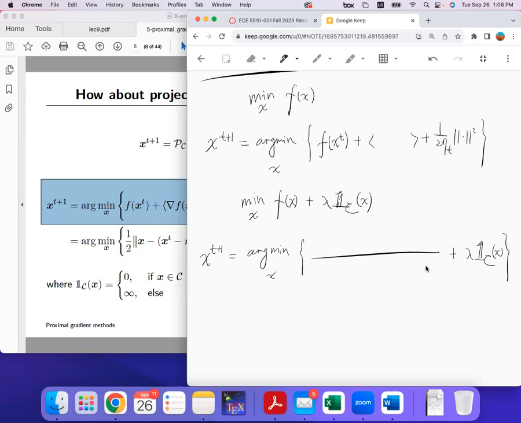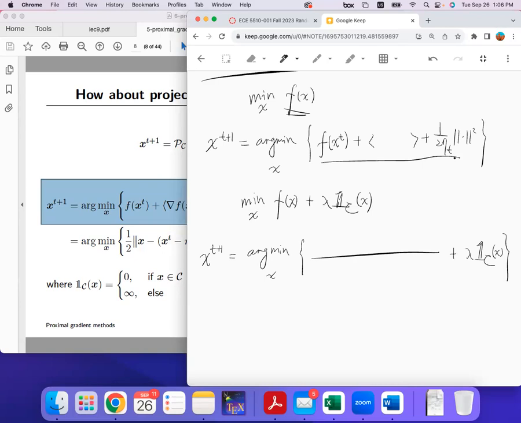And from these two algorithms, we can tell the philosophy of designing these optimization algorithms. In gradient descent, because f(x) is very nice, it's a convex smooth problem, we can have a very accurate local approximation of this problem. So we build a local quadratic approximation and we solve it one by one.